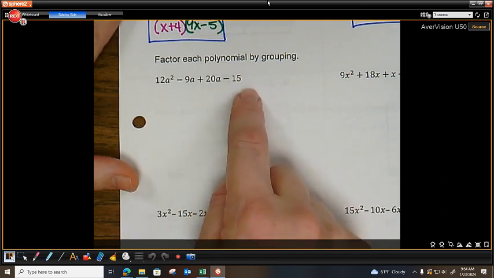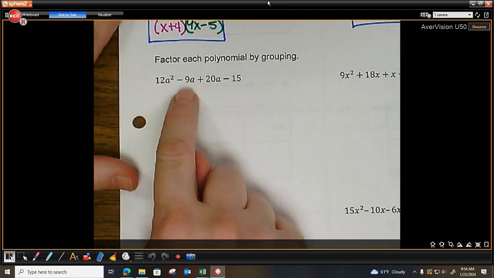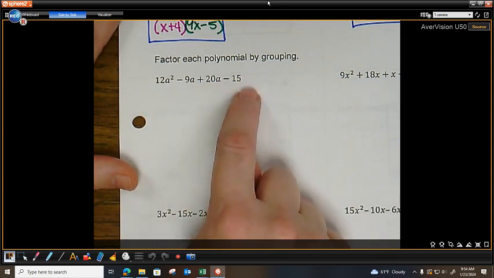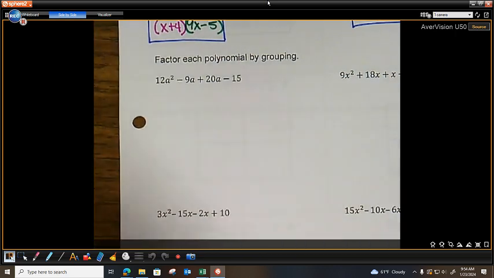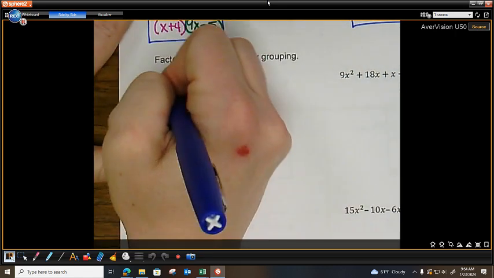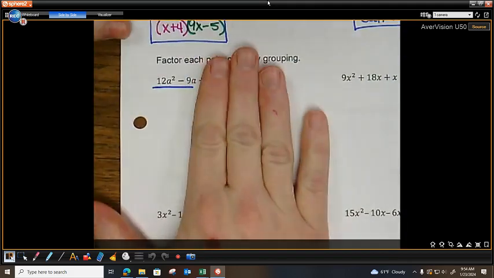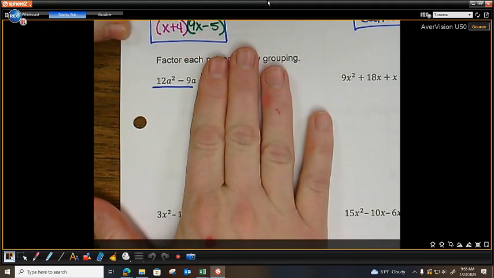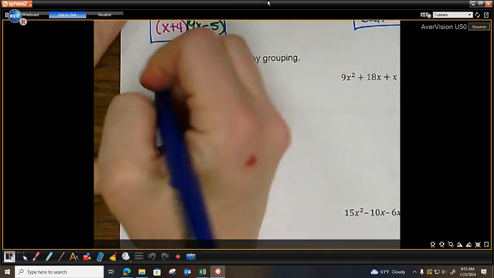Like I wasn't going to count it wrong if you didn't put it in that order. This unit, you have to put it in the correct order. Big exponent down to not even having a variable. Okay? So what does factor by grouping mean? I'm going to look at my first 2 terms. I'm grouping those. Pretend those last 2 terms don't even exist at all.